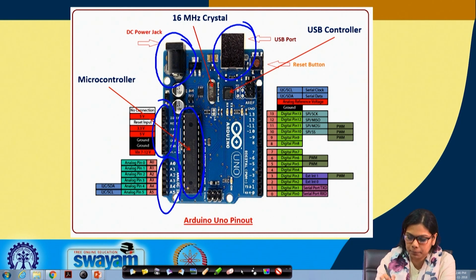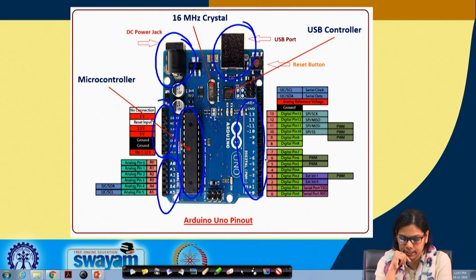These are the analog pins and these are the digital input output pins. We will be looking into them when we perform experiments with these particular pins on this board. We will be doing a couple of experiments with this board, and there we will specifically look into the various aspects of these pins.